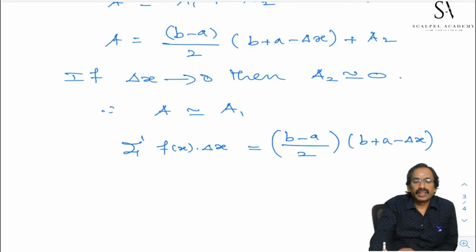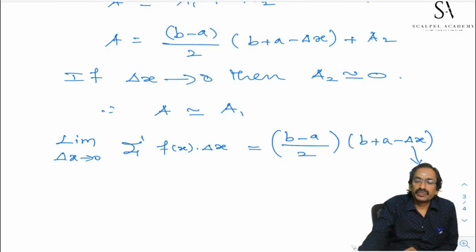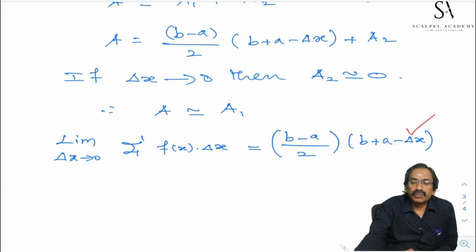This is nearly equal. What happens? Why does A2 become 0? Because delta x tends to 0. In that limit we calculate. Therefore, this delta x tends to 0, this approaches 0.